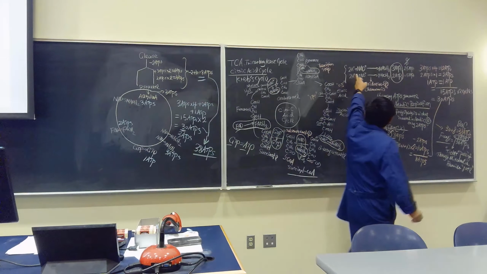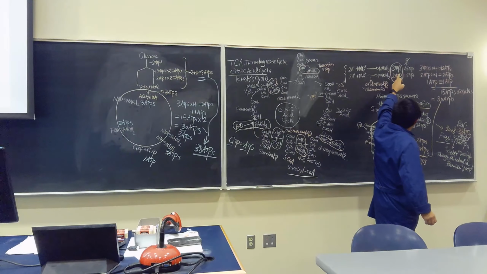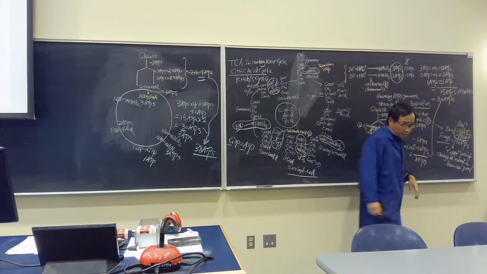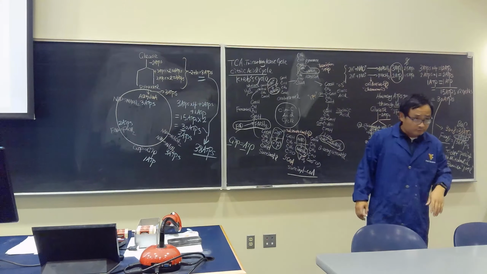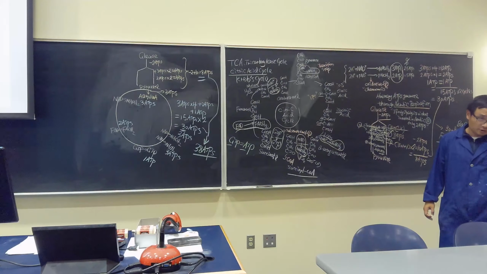Why does NAD reduced to NADH2 generate 3 ATPs? Why does FAD reduced to FADH2 only generate 2 ATPs? The reason is the distance between the electron donor and the electron acceptor.